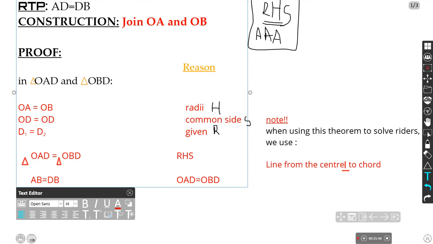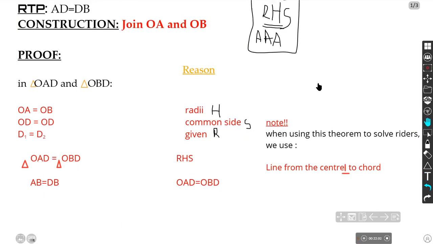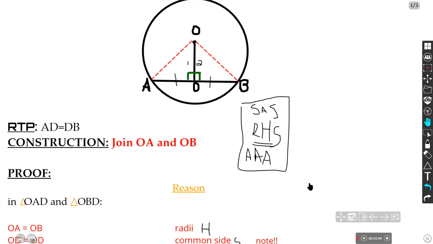One thing I can advise: when you prove this theorem, always start by identifying your diagram. Always check: do I have radii?